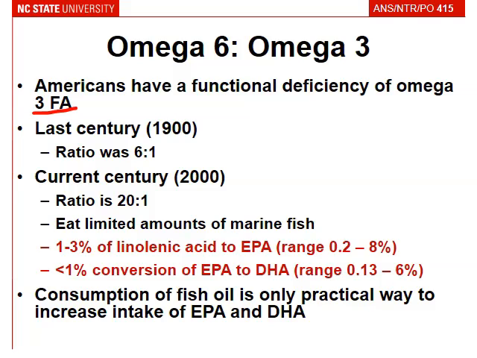If you remember those conversion rates, going from linolenic acid to EPA is 1 to 3%, and it ranges between 0.2 and 8%, and this is more dependent on the individual and the physiological stage that individual is in. Going from EPA to DHA, we have less than 1% on average, and this ranges from 0.13 to 6%, again depending on the physiological stage.